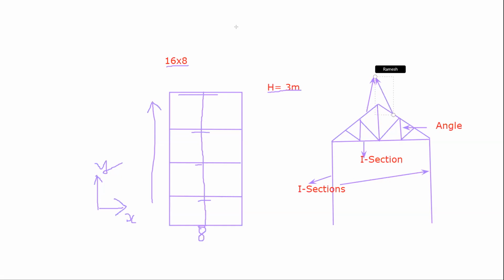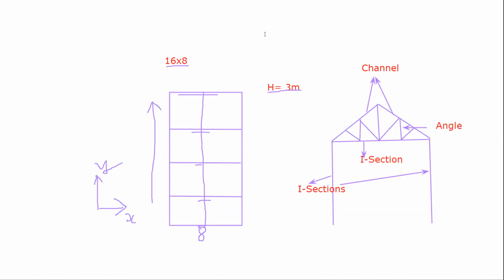You can take these two members as channel sections, channel members, and the connecting members also you can take as channel members. They are called purlins.